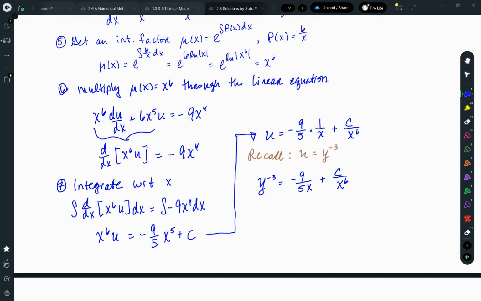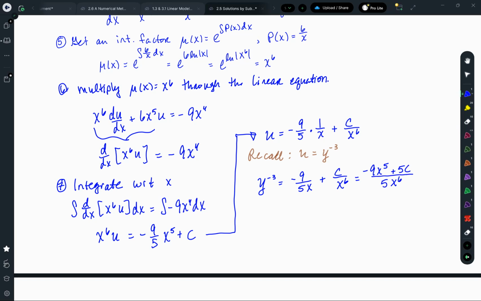A common denominator would be 5x to the 6th. So the first fraction is missing 5 x's, so an x to the 5th. So I need a negative 9x to the 5th. And the c is just missing a 5, so I could write that as 5c. And then I have 5x to the 6th in the denominator.